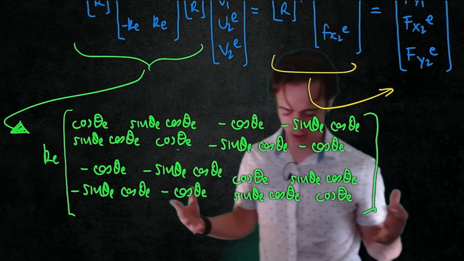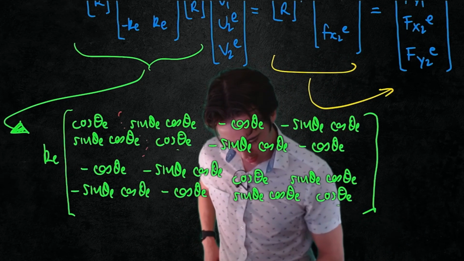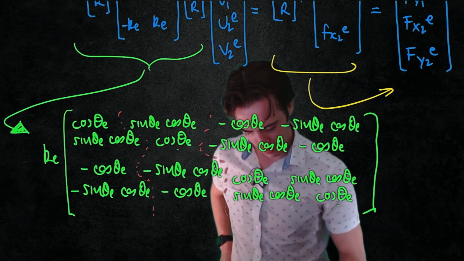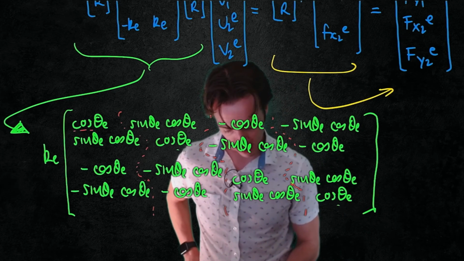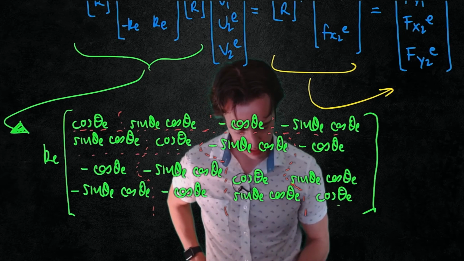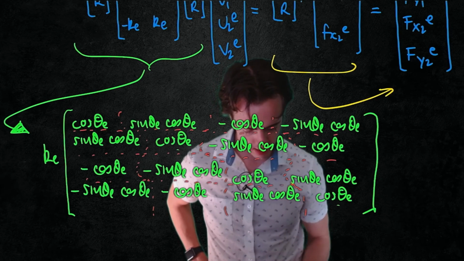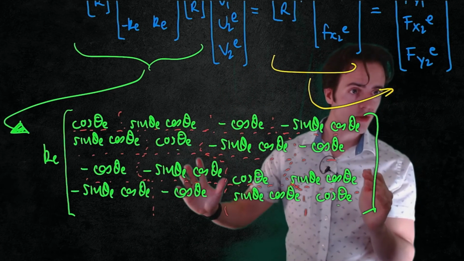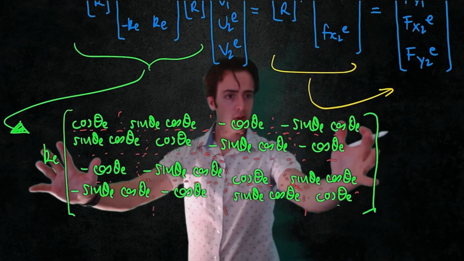And true to form, I never managed to plan matrices to be the correct size. Okay, the rows are a little bit easier to see in here. But this is now our global stiffness matrix for a single element. We've got the stiffness here, and then we've just got this bunch of sines and cosines here.